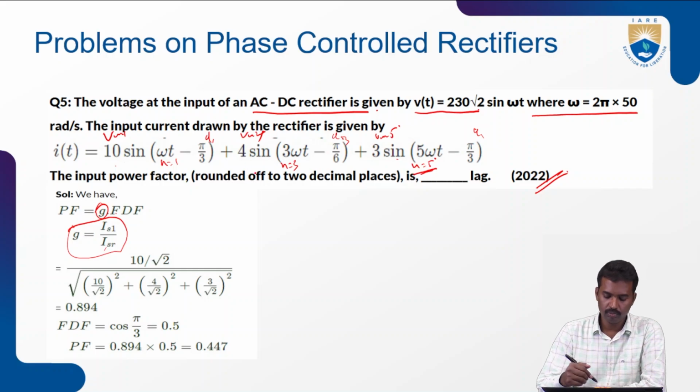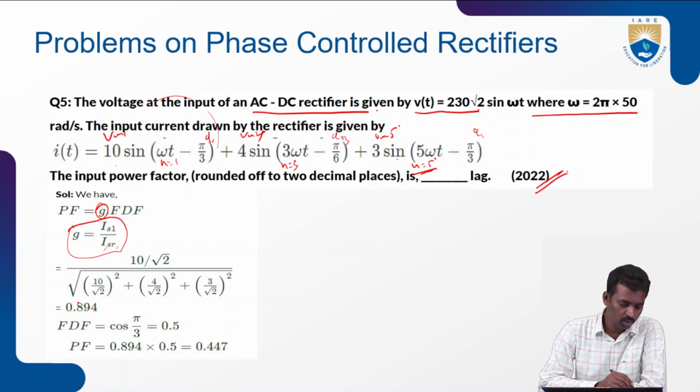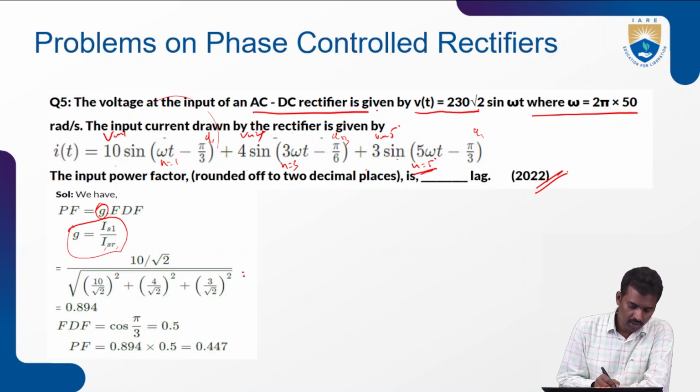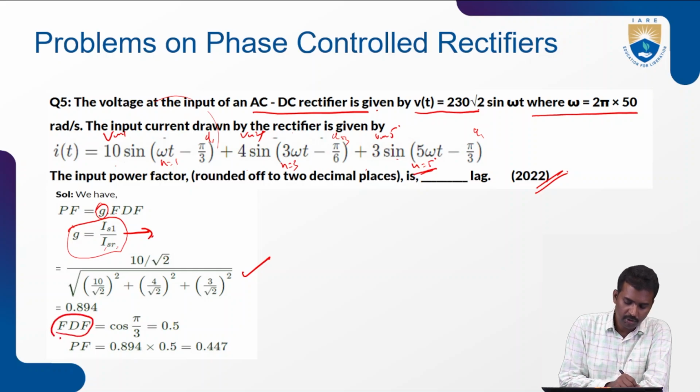Fundamental means only IS1, which equals 10 by root 2, and for the total, it is the square root of 10 by root 2 whole square, plus 4 by root 2 whole square, plus 3 by root 2 whole square. So this is your G value, and then the fundamental displacement factor.